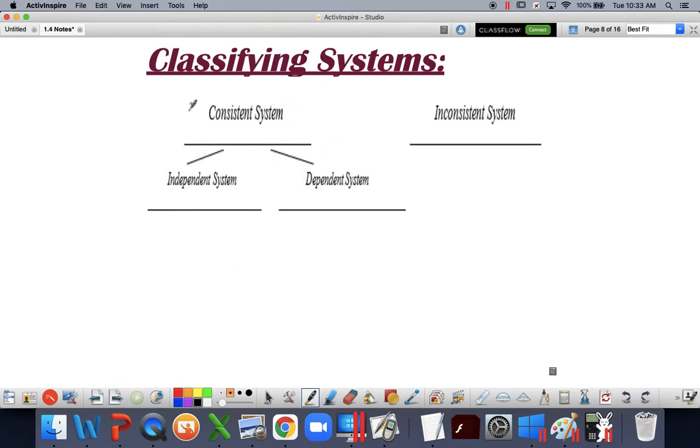Within a system of equations, we have a classifying system, right? What we do is we not only tell you what the solution is, but then we label them as either consistent independent, consistent dependent, or inconsistent. A consistent system has at least one solution. And from there, I have two options. A consistent independent system has exactly one solution.